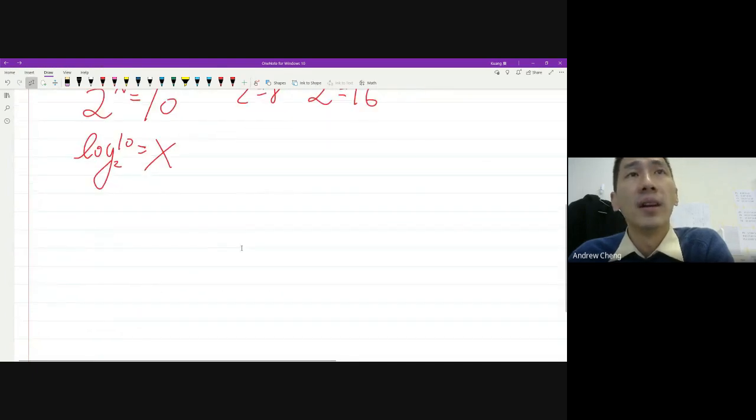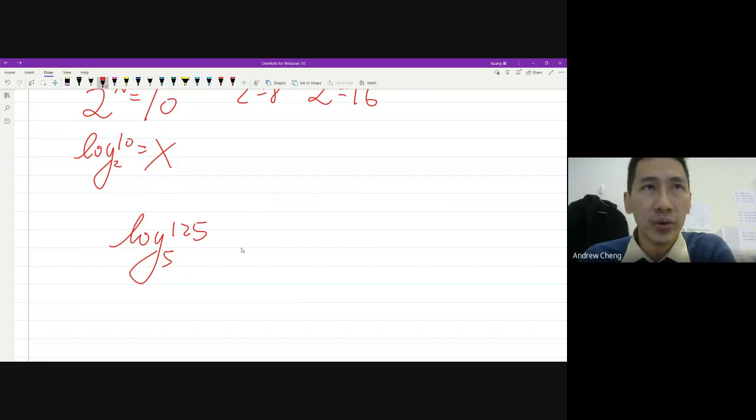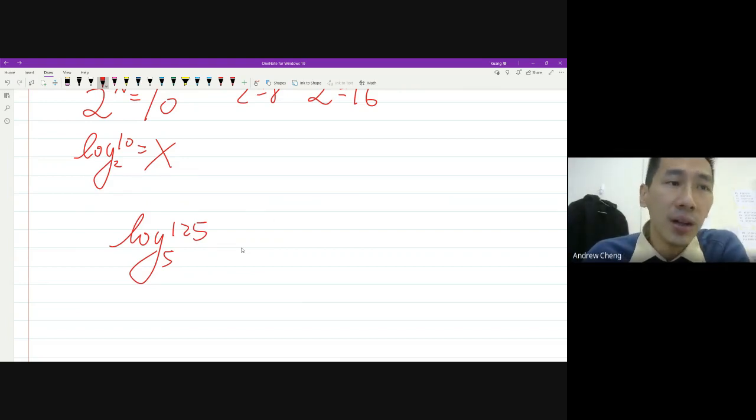So let's see more examples. If I say log with base 5 of 125, what does that equal? Of course, we can use a calculator to help us, but I want you to understand the concept of how we get the result. When you see a question like this, you need to think: how many times does the base multiply itself to get this?